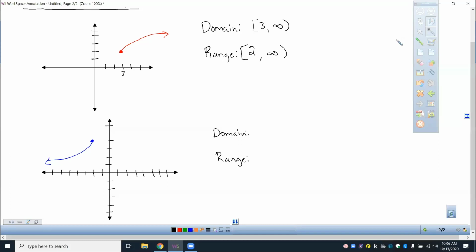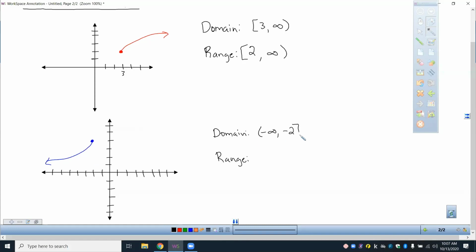It's a domain. We're still talking about x's going left to right. So on the left, this arrow indicates it's going towards what? Since it's negative infinity. So I go negative infinity up until x is equal to what? -2.